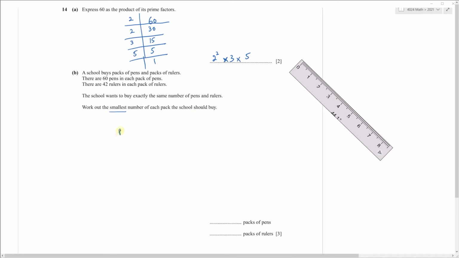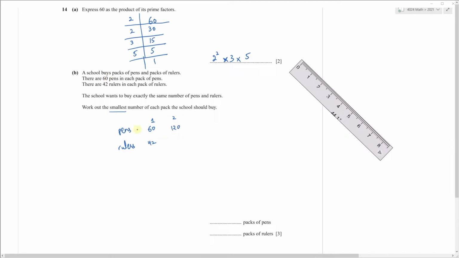So you have pens and rulers, and each pack of pens is 60 pens. So if you have one pack, you have 60 pens, and if you have one pack of rulers, you have 42 rulers, right? So the school can only buy pens in these packets. So you can buy 60, or if you get 2 packets, you will get 120 pens.